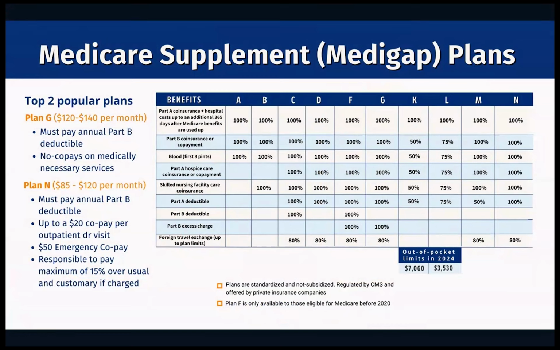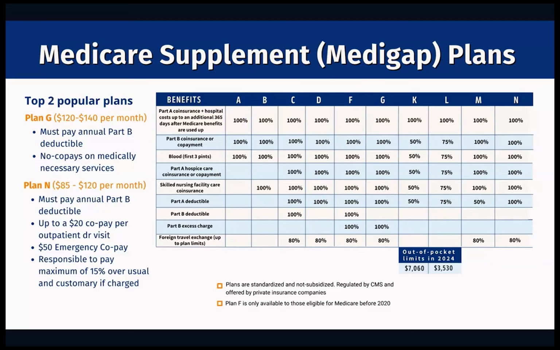Okay. But in essence, what you're doing is paying a monthly premium to the insurance carrier to cover that 20%. And the beauty of it is that there's usually no surprises with that. So typically those premiums, let's say a Plan G, will cover inpatient hospitalization no matter how many times you have to go. So that deductible that I told you about under Medicare Part A, you're not paying it.